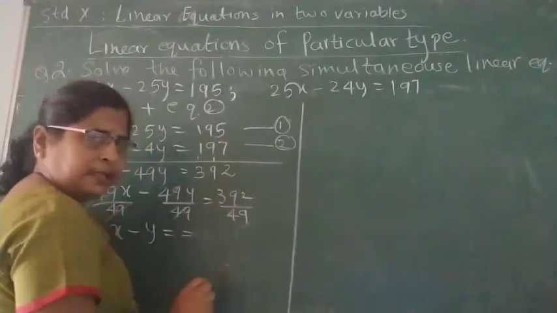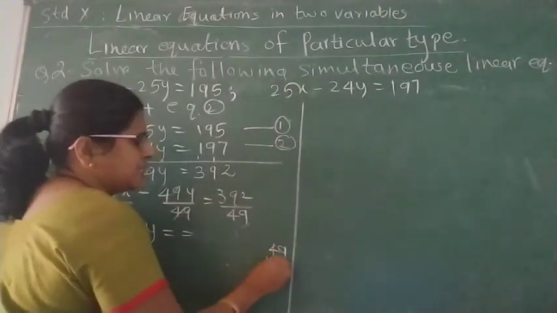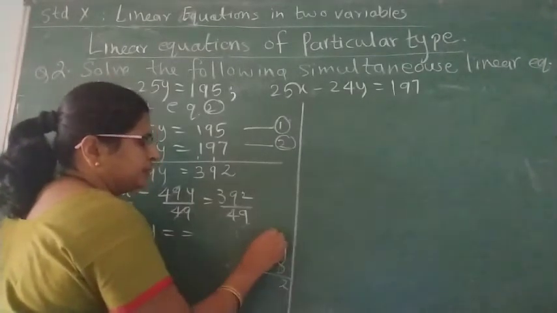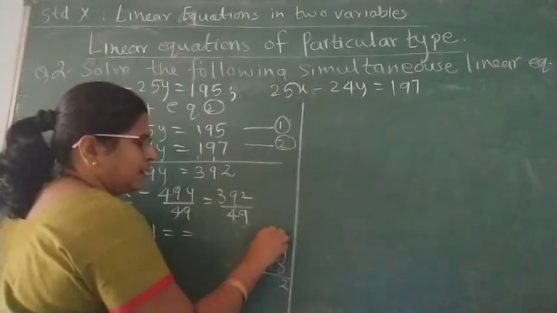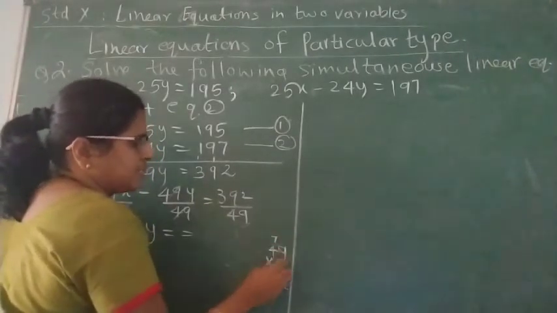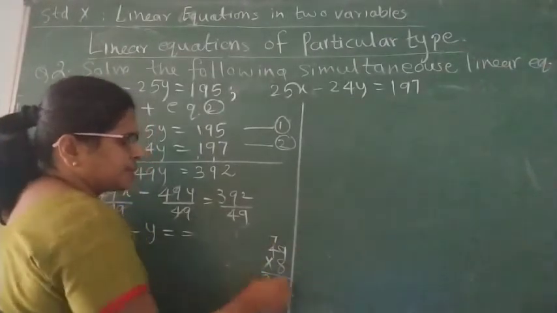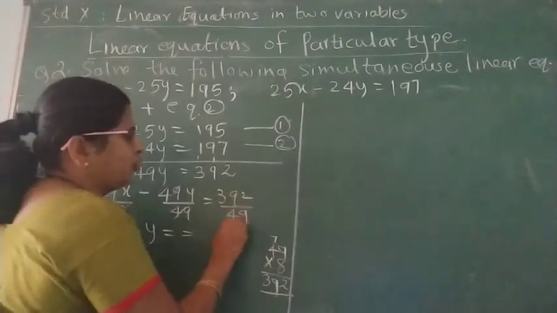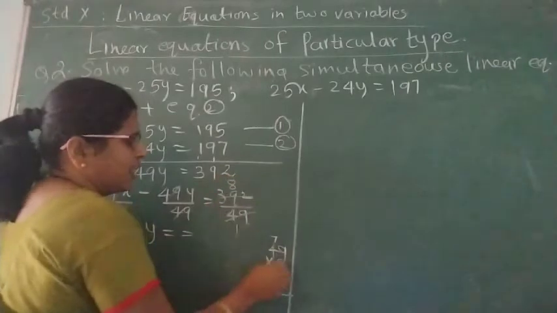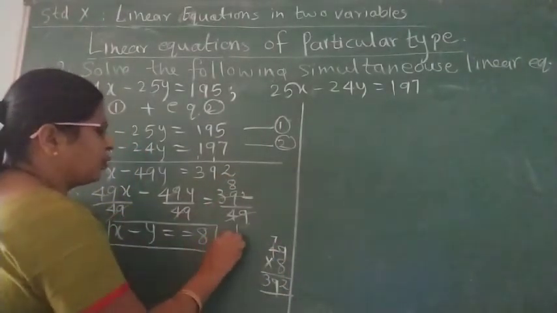So is it possible that it is the product of 49 and 8? 9 8s or 8 9s are 72, 7 carry, 8 4s are 32 plus 7, 32 plus 7 gives us 39. Yes, we can see that this product is 392. So 49 ones are, and here it is 8s are. Okay. So we got this equation x minus y is equal to 8.